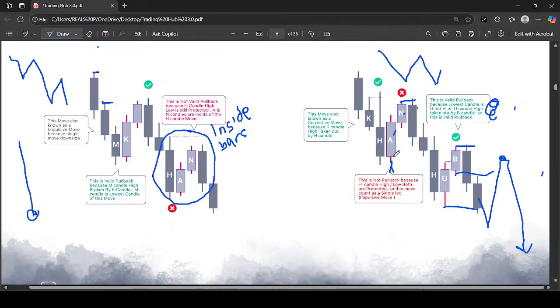So if we are trying to identify pullbacks, we are going to identify our pullbacks based on this prominent candle. So let me show you something about the prominence of the U candle. Maybe you will understand more.